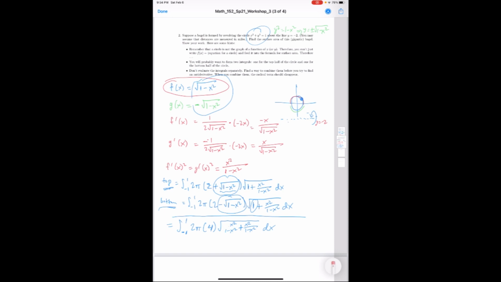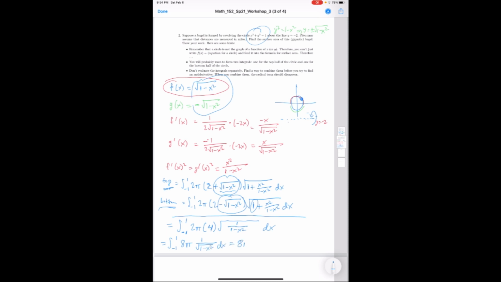So this just becomes 1 over 1 minus x squared, under the square root. And I can rewrite that as the integral from negative 1 to 1 of 8 pi times 1 over the square root of 1 minus x squared dx.